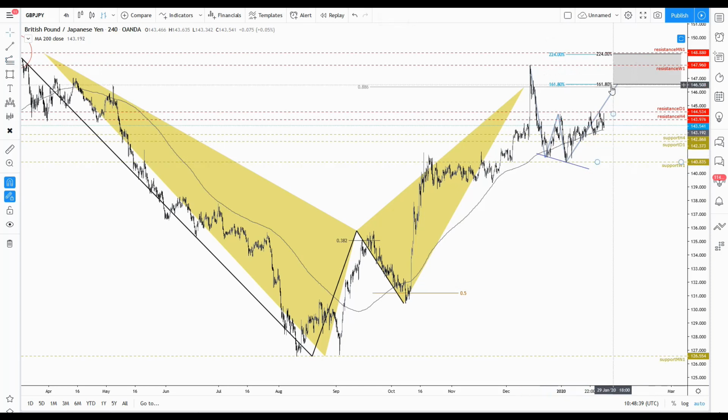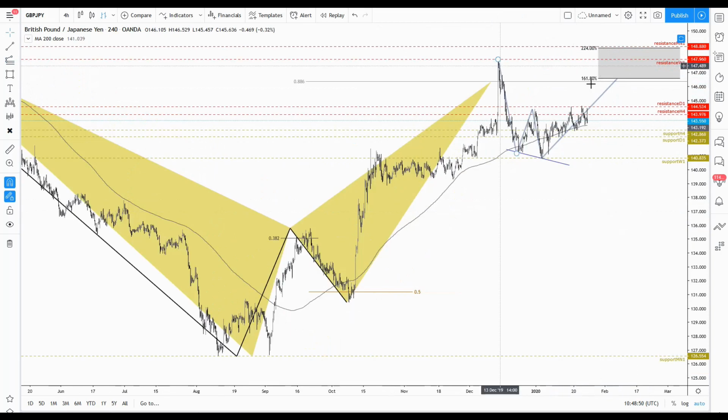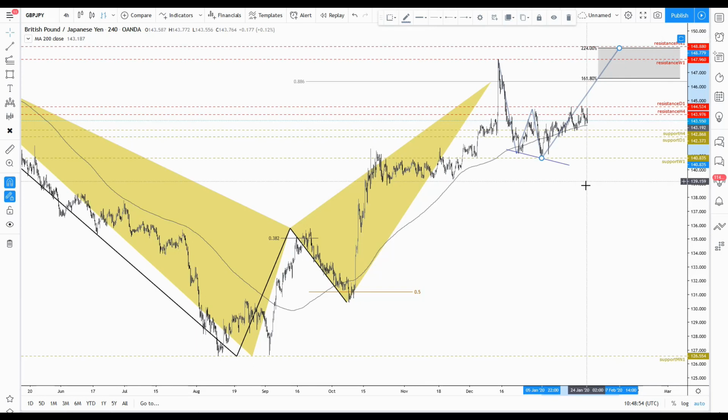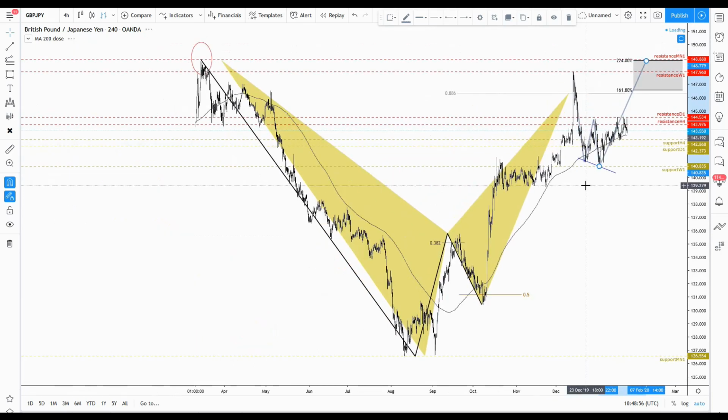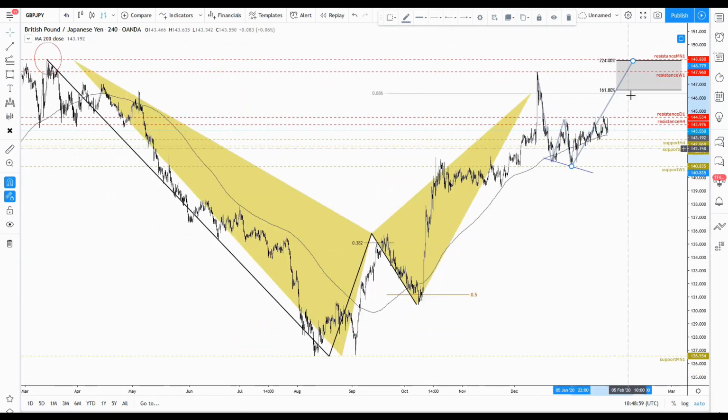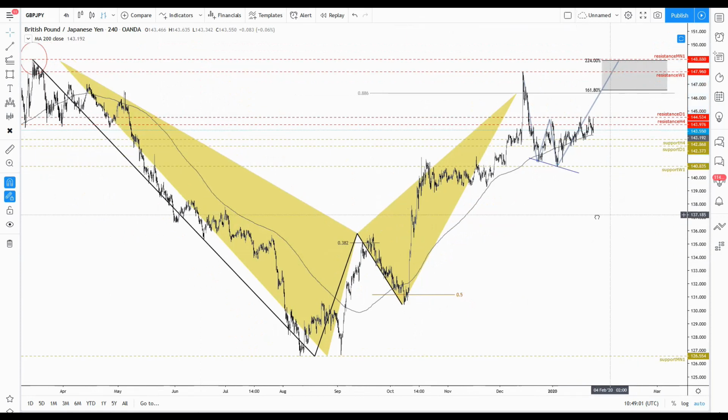So that may put the price trading the bearish Shark pattern completion points between the 1608 extension and the 224% fib. So one of them below the previous highs, the other one right above the previous highs and retesting the previous and major monthly fractal resistance above.